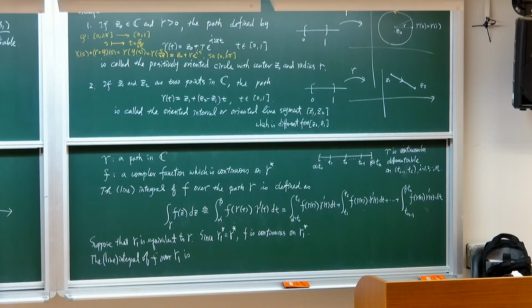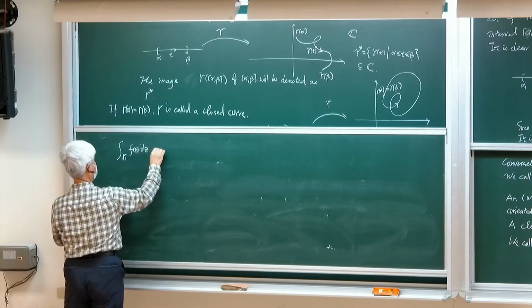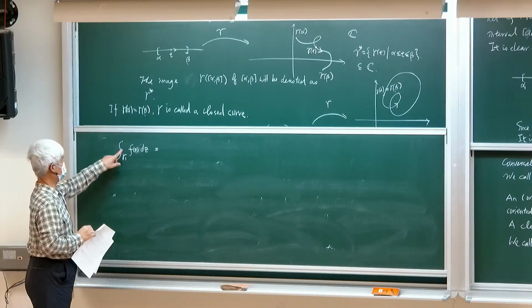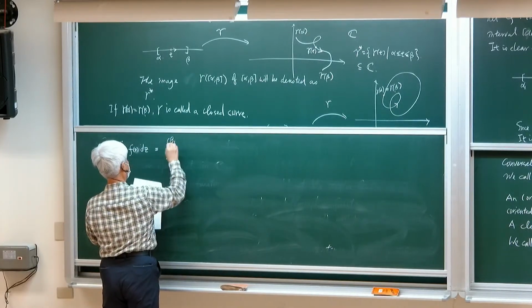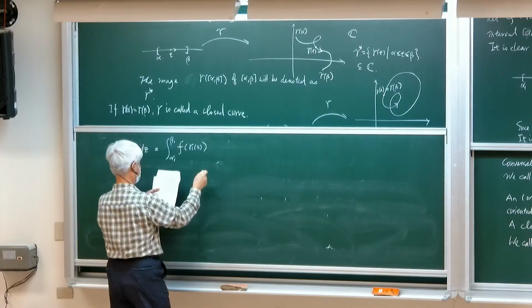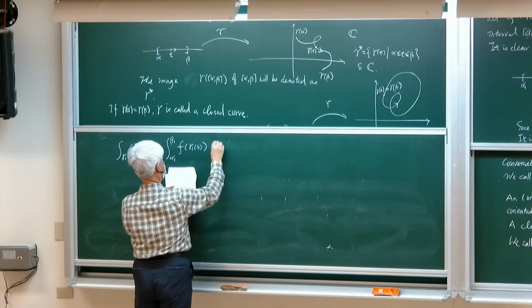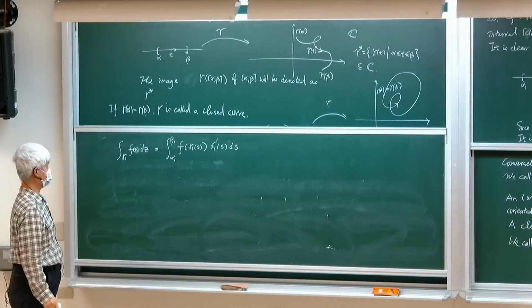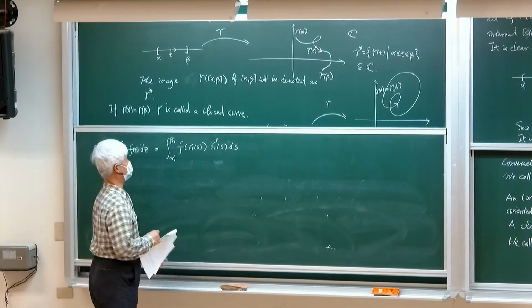So we compute this line integral of F over gamma 1, and by definition we have that.